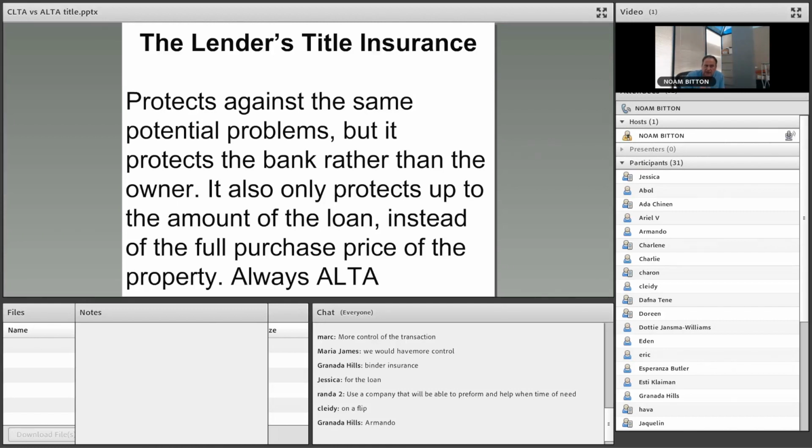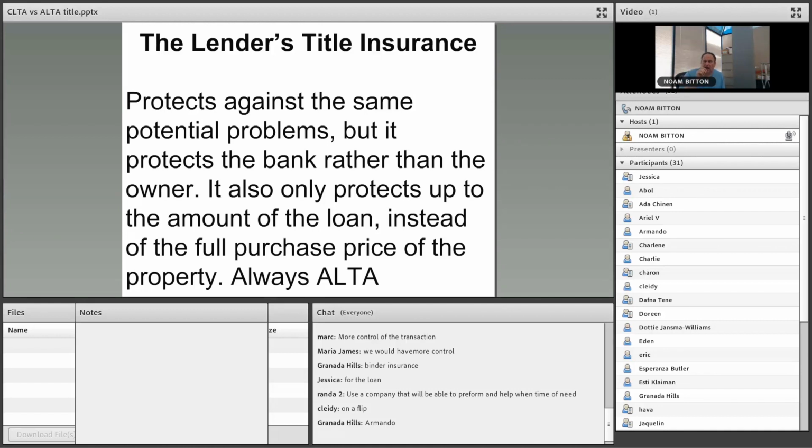Now, the difference between the lender title insurance, which is ALTA 9, and a homeowner title insurance: the homeowner title insurance is insuring the full amount. So if the purchase price was $800,000 and the loan was for $600,000, the CLTA or the ALTA insurance for the homeowner will cover the full $800,000.